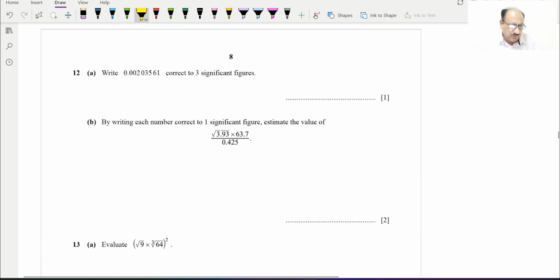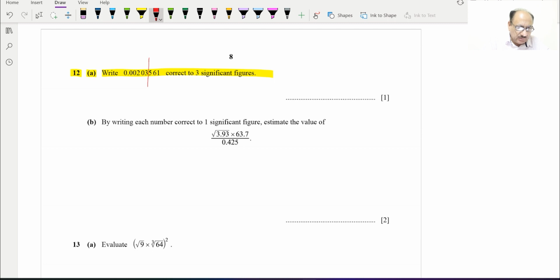Now question number 12, A part: write this correct to 3 significant figures. So 3 significant figures, you know, leading zeros are non-significant, and the next 3 significant figures are 2, 0, 3 and then 5, 6. We need to remove 5, 6, 1. This one we have to remove from here.